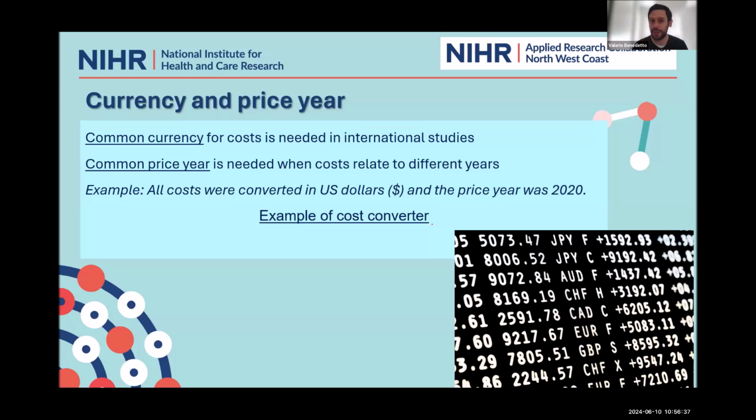That could be called valuation year, and I think that's the term they use in the paper we're using as an example. So there should be a sentence around the price year used by the authors. And if you want to see how costs are converted, there is a link here to a cost converter we use in our studies to convert the costs across different currencies and across different years.